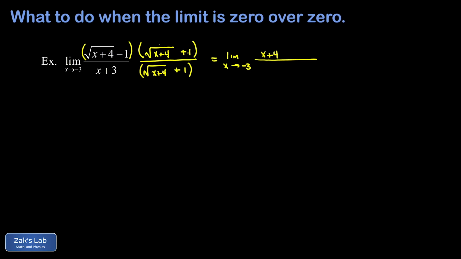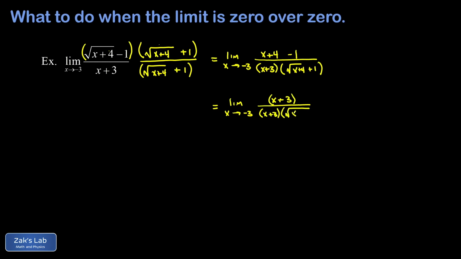Now the cross terms, by design, are going to cancel. I have a plus square root x plus 4 and a minus square root x plus 4, so those are gone. And then I have a minus 1. Left over in my denominator, I have the quantity x plus 3 multiplied by the square root of x plus 4 plus 1. So our numerator has simplified to x plus 3, and I have another x plus 3 in the denominator, and this is the moment where we realize that our problematic factor is going to cancel out.